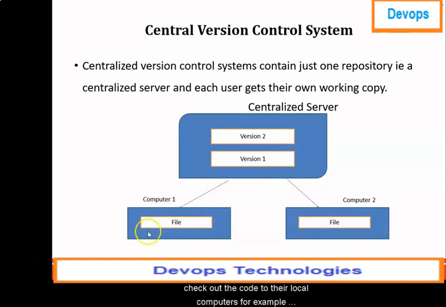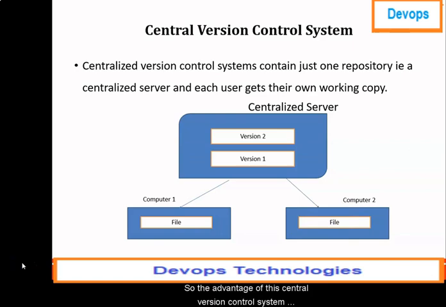For example, one developer is working on computer 1. He needs to check out the files he wants to work on. Similarly, the second developer working on computer 2 needs to check out the code for those files and then work on them.